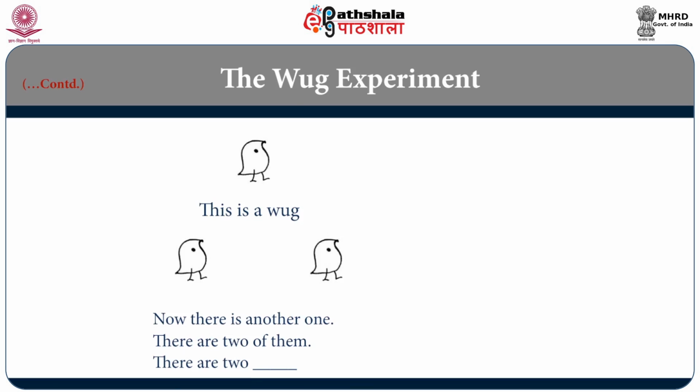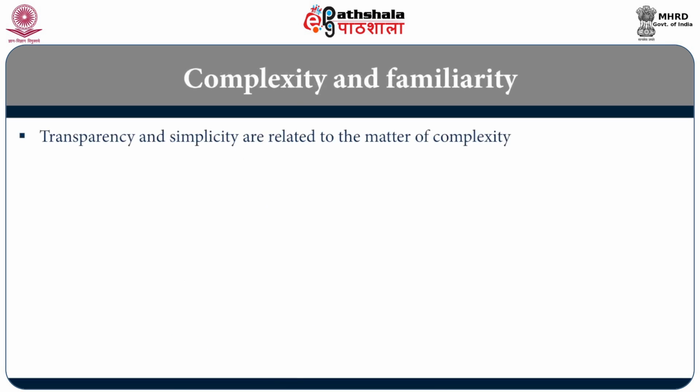By the age of 5 to 7 years, children produce the form correctly as wugs. Now this word is obviously coined by rule formation. The plural is created, it is not learnt, because the word wug is new and children would not have had access to it before. We now look at transparency and simplicity.